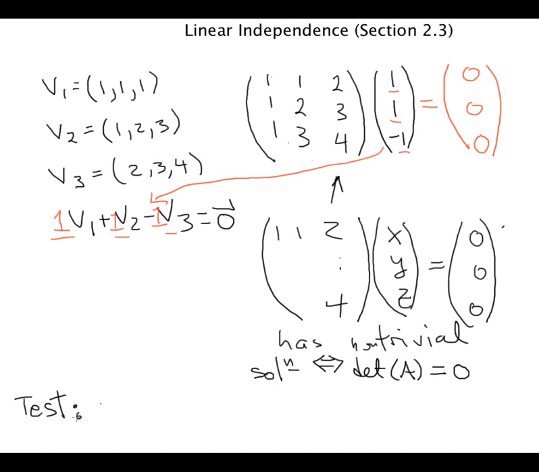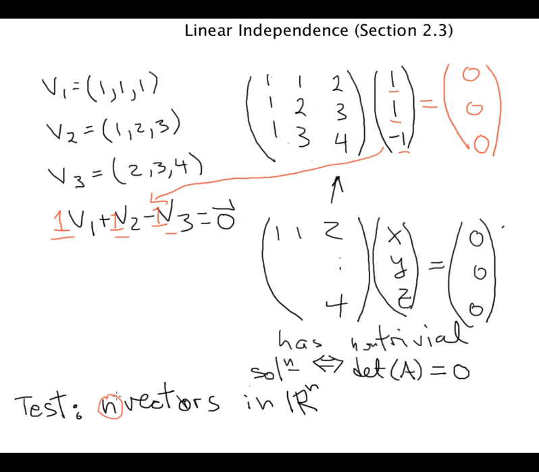If you have n vectors, which are each n-dimensional vectors, and the crucial point here is that these two n's are the same. This test doesn't work otherwise.